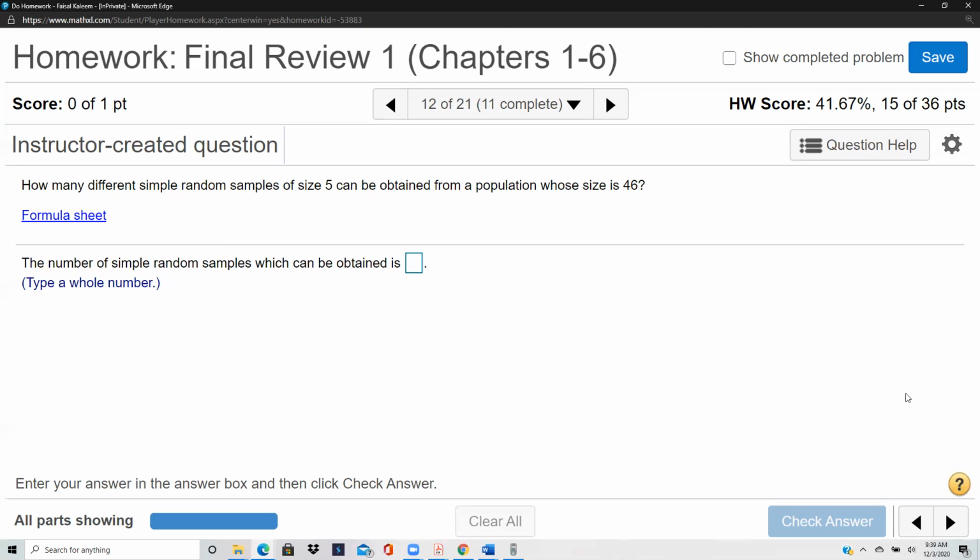Yeah, I remember that. So in which one does order matter and in which one does order not matter? Maybe combination order matters. No, it's permutation.